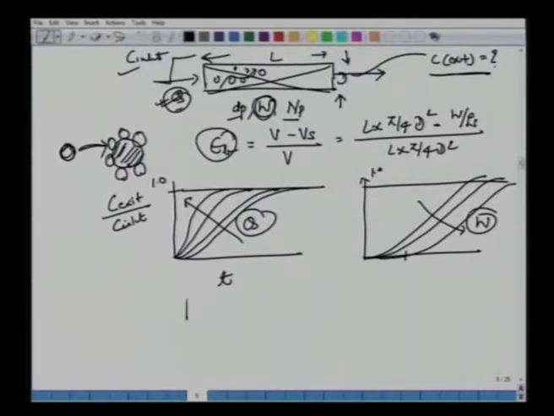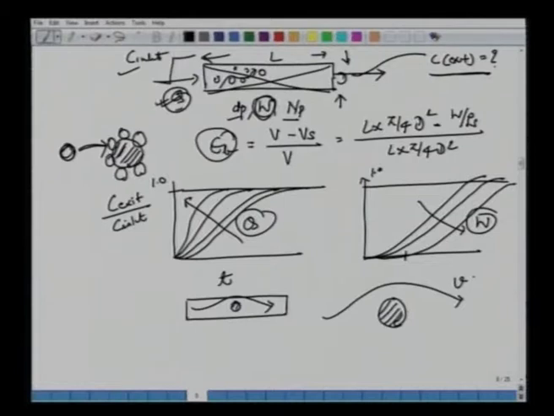Mechanistically, we have a column like this, say one adsorbent like this, and the liquid goes past like this, or the gas goes past like this. So we have a solid sphere, and the flow is like this. Corresponding to this Q, let's say the velocity is V here.